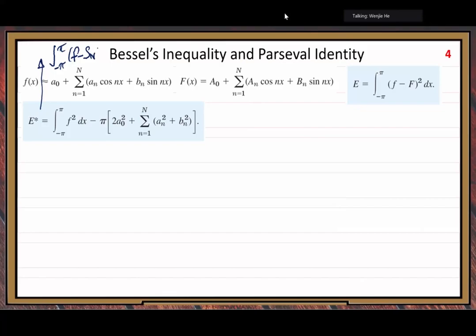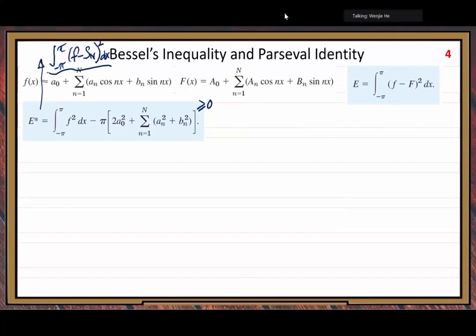Remember our old notation for the partial sum, S sub n; here we use capital S sub N. So this E star equals the integral of this function squared, so it must be greater than or equal to 0. The integral of a square cannot be negative, right?